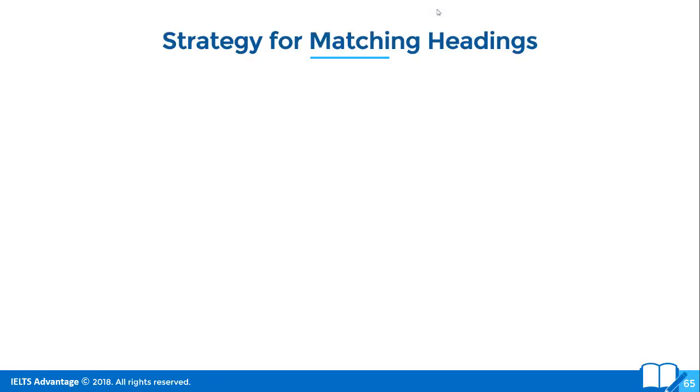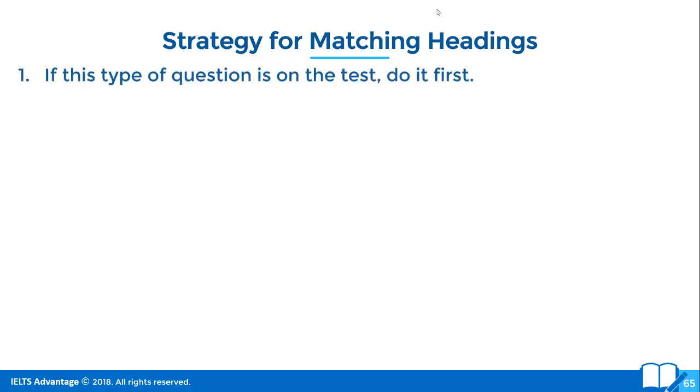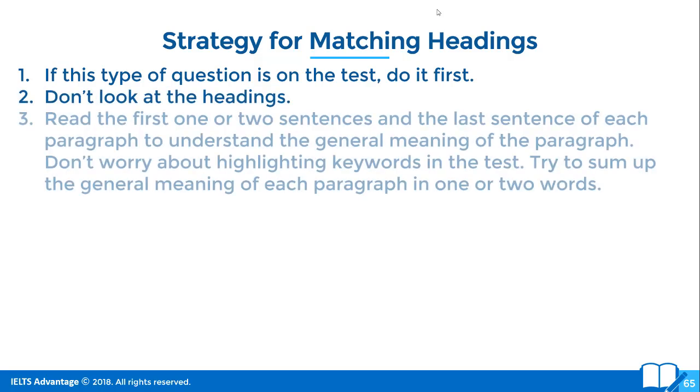Okay, so this is a detailed strategy for matching headings, and then we'll talk about how to simplify this a bit. So let's get into the detail first, because I don't want anyone to miss out anything, and then we'll get into a simpler strategy, sorry. If this type of question is on the test, do it first. Don't look at the headings first. Look at the text first.